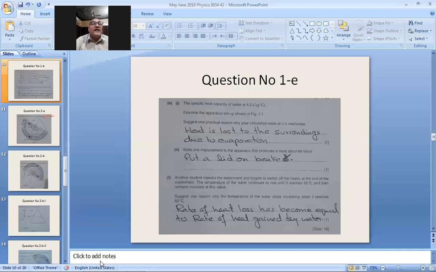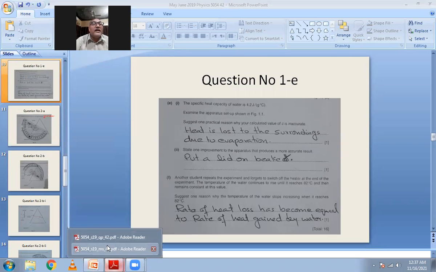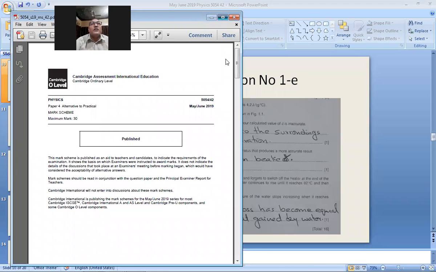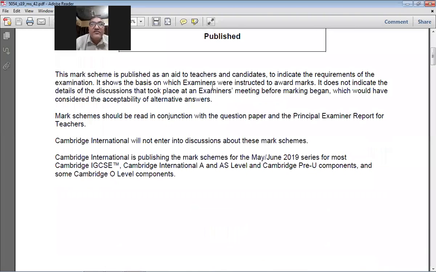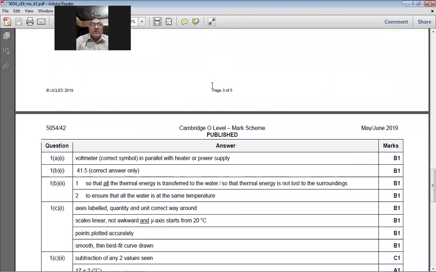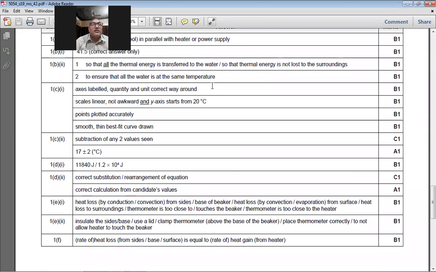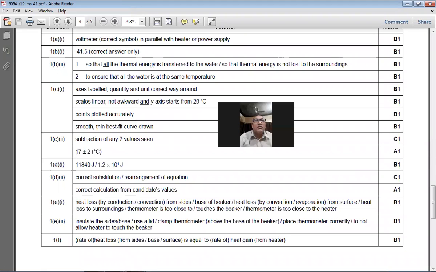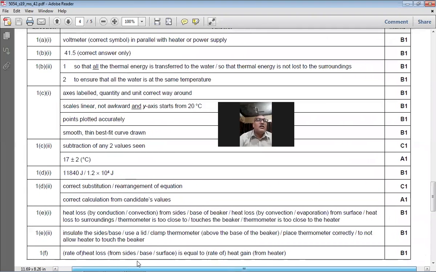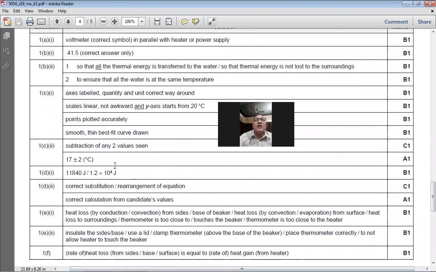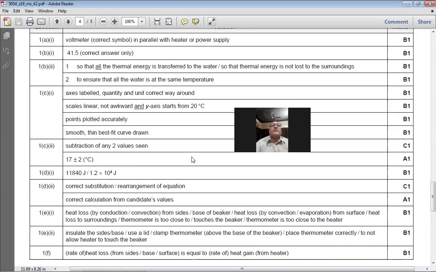So let's have a look at the marking scheme, and here we go. Here we have the May/June 2019 paper 2. The marking scheme for the whole of question number 1 is showing up on your screen.